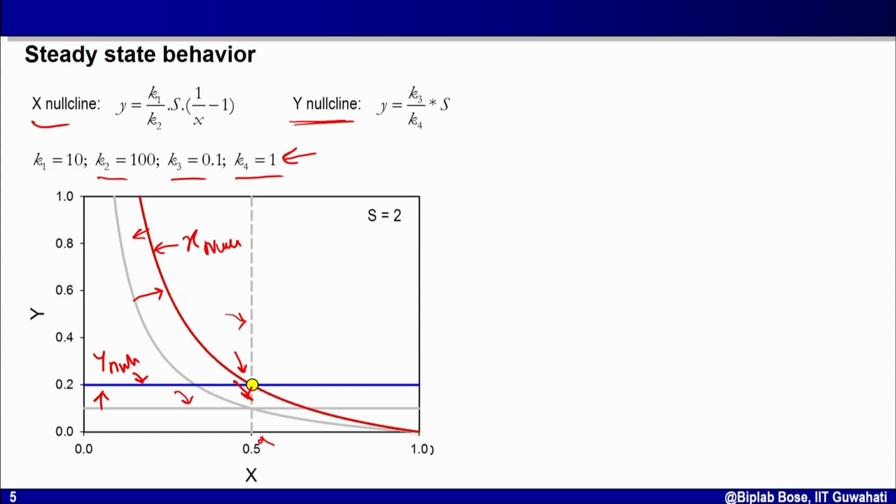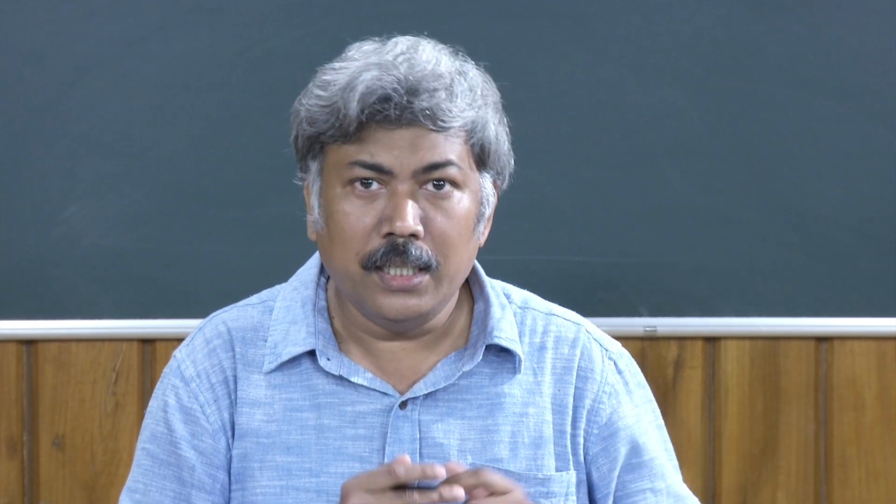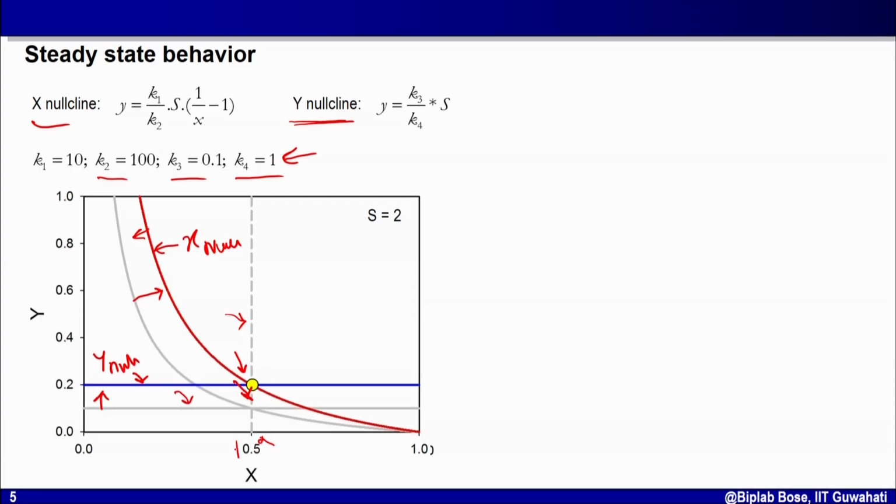And you can easily see that at that intersection point, the value of x is 0.5, same as we got in the previous nullcline intersection. So as I have shown in the algebraic calculation, here also I am getting that the steady state value of x remains constant at a particular value, and for these numerical values it is 0.5.